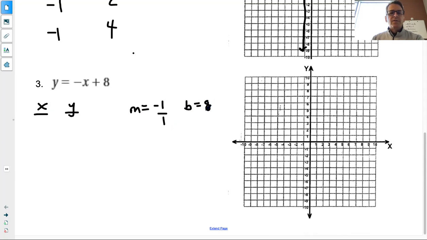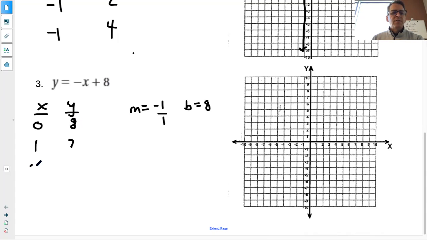Okay, so I'm going to use this method, plus I'm going to use this little table I've just started over here. So if I put x in for 0, I have 0, -0, 0 plus 8 is 8. If I put x in for 1, the negative of 1 would be -1 plus 8 is +7.